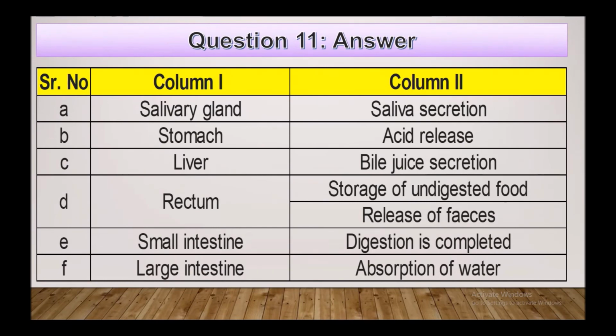So the answers are: salivary gland is the saliva secretion, stomach acid release, liver bile juice secretion. For the rectum there are two answers, storage of undigested food and the release of feces. And small intestine, digestion is completed. Large intestine, absorption of water.